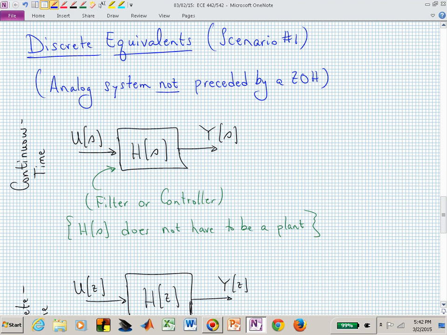We want to convert an H of S or a C of S into an H of Z or a C of Z. That's what we want to talk about today, which is what we were calling scenario number 1.